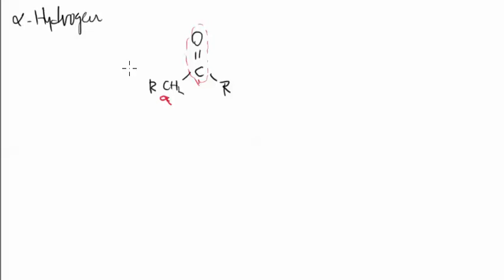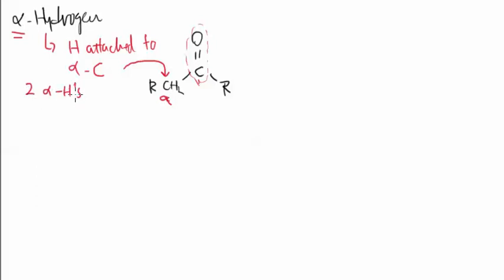Well, these reactions are going to focus on the alpha hydrogens, which means that these are hydrogens attached to the alpha carbon. And our alpha carbon is right here. So in this setup, we have 2 alpha hydrogens, right?